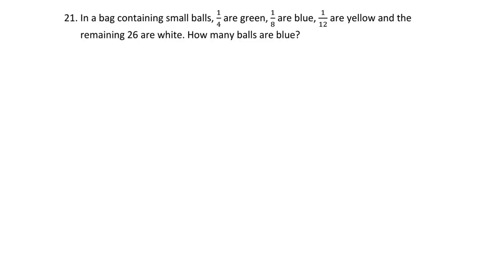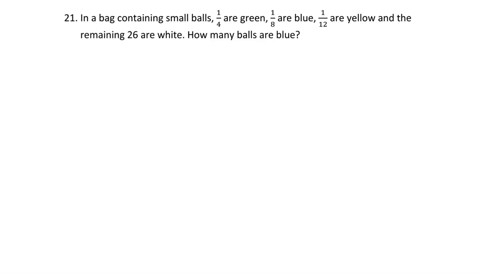Question number 21. In a bag containing small balls, 1/4 are green, 1/8 are blue, 1/12 are yellow, and the remaining 26 are white. How many balls are blue? Okay, so for this one, first let us find the sum of all the fractions given.